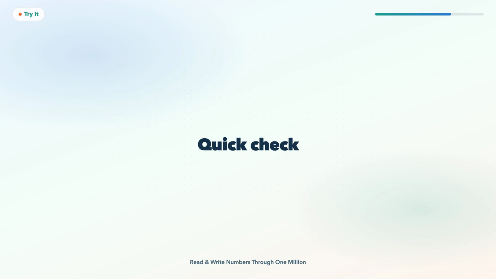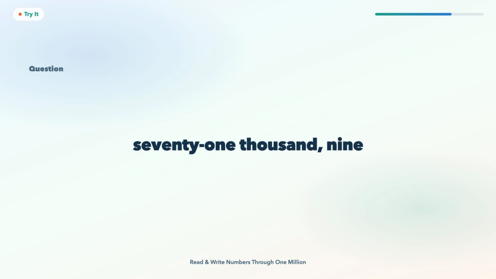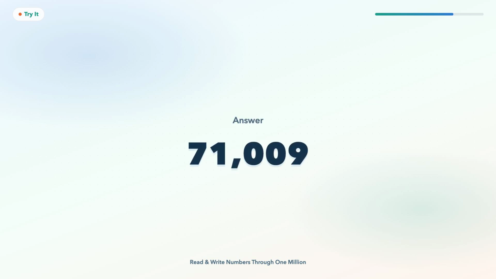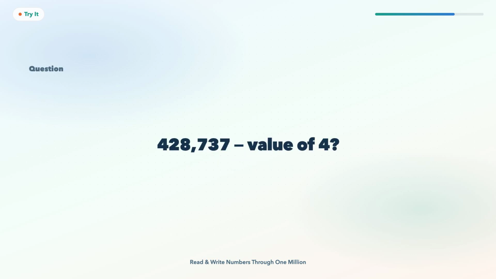Quick check, 3 short questions. I'll pause so you can answer first. Write 71,009 in standard form. Go ahead. 71,009. Put a 0 in the hundreds and tens so the 9 stays in ones. What is the value of the 4 in 428,737?